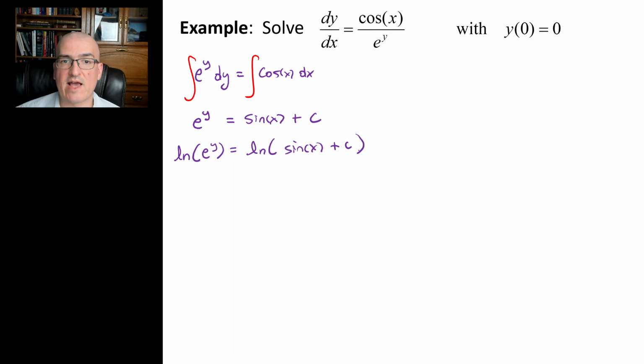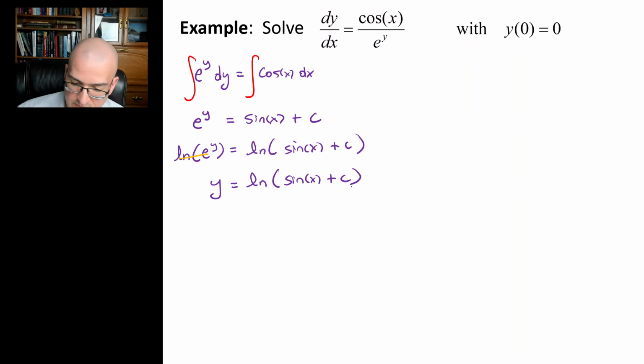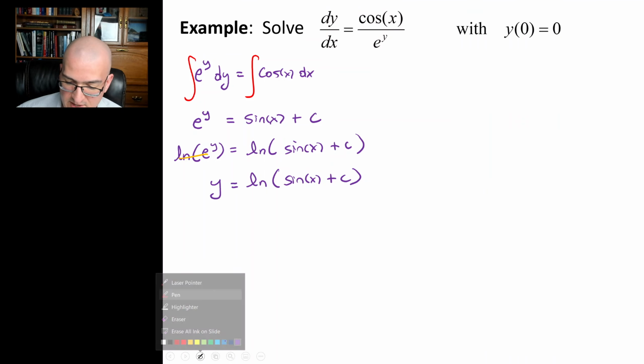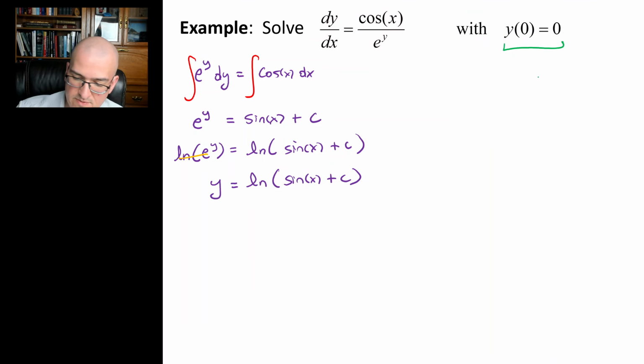And the plus c has to be inside that log function with the sine of x, not plus c on its own after. Okay, we have a cancellation law on the left. So y is equal to the ln of the sine of x plus c. Now we're going to have to find that c using our condition.